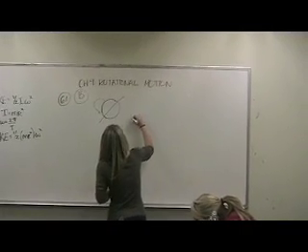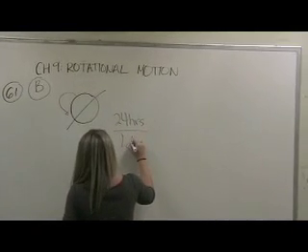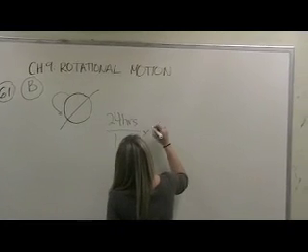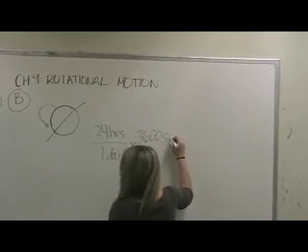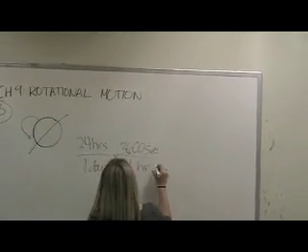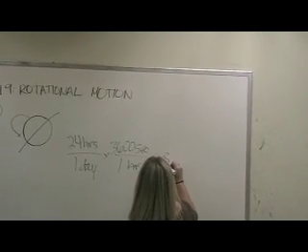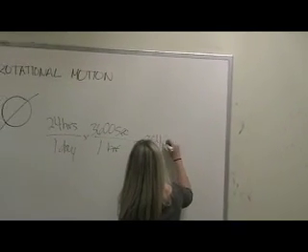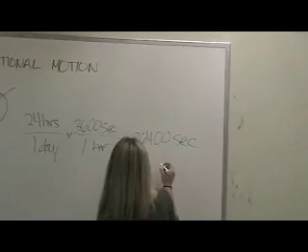We know that there are 24 hours in 1 day and 3,600 seconds in 1 hour. And so our hours cancel out. It equals 86,400 seconds. So that's the period. Now we can calculate omega.